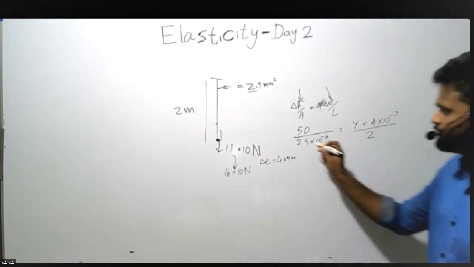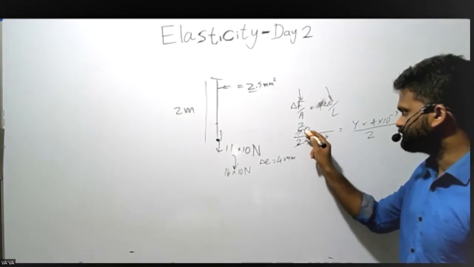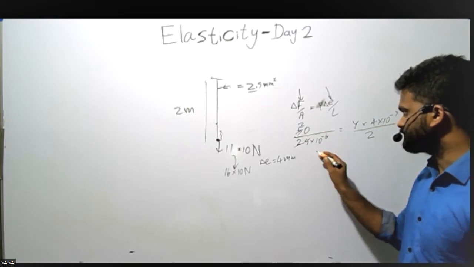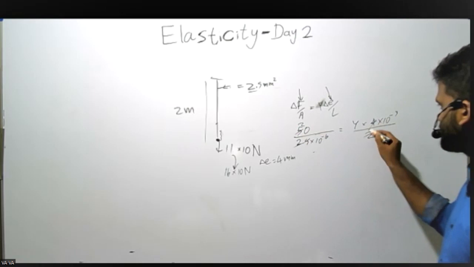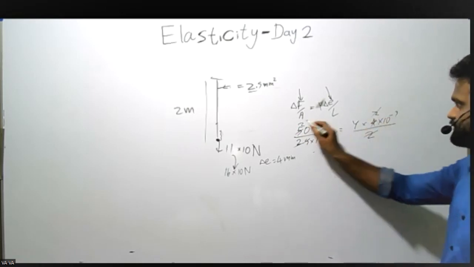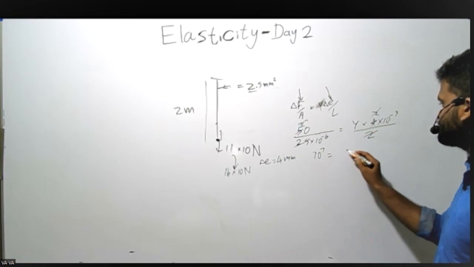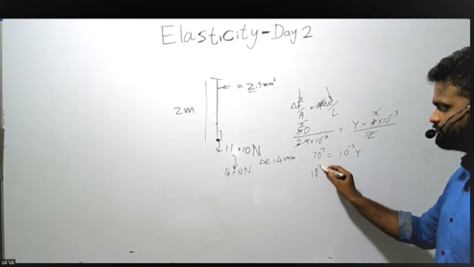Right, so this is 2.5, 2, this is 5, 5 means 5 times 10, right? So this is 20. This goes here. If you want, you can cancel these two. 10 to the power 7 equals minus 3 Y. So Y is 10 to the power 10.